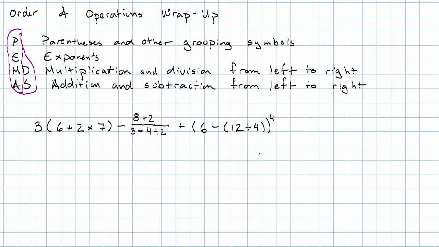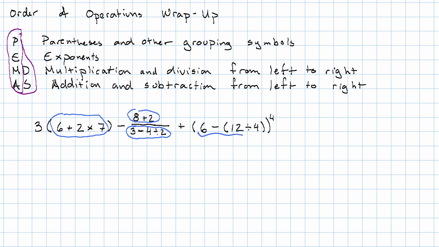So the first thing we want to deal with is the grouping symbols. And I see a group here, a group here, a group here, and something's weird here, right?